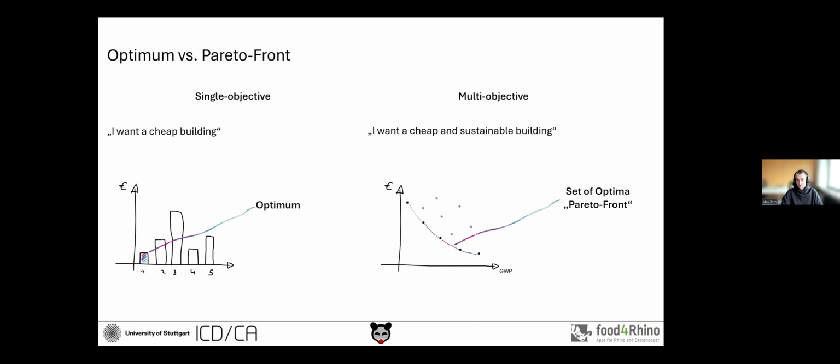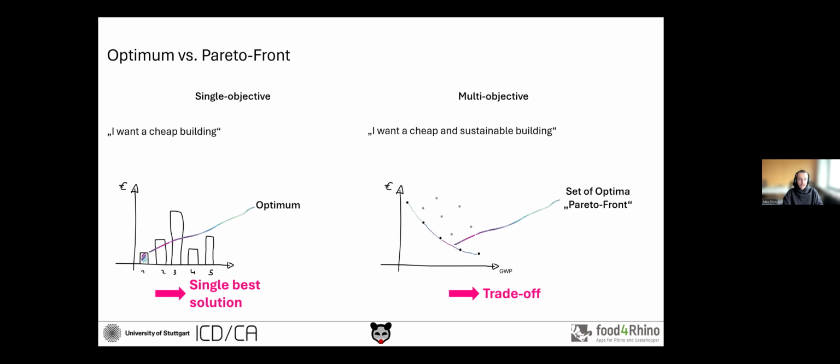And this set of optima is called the Pareto front. I want to stress this because every multi-objective optimization problem, and also the algorithms behind your plugins when you use multi-objective optimization, that is what they're going to solve for. They're going to try to find the best Pareto front. So, a set of solutions.